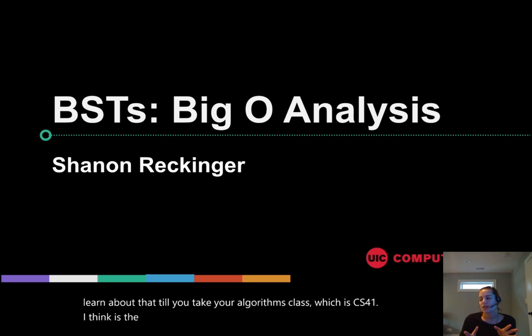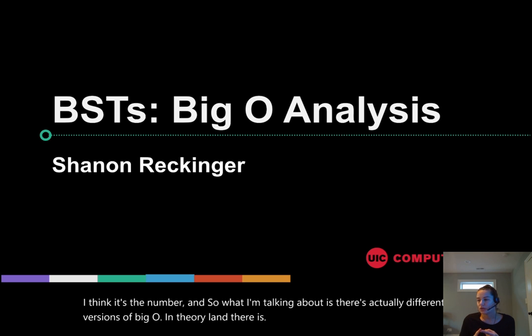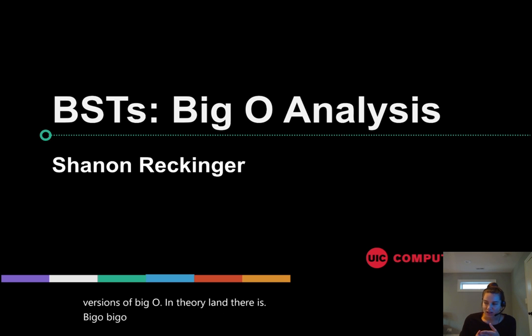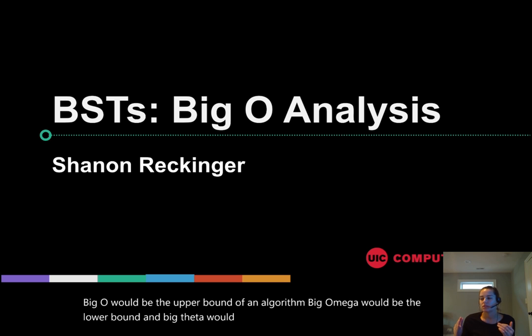What I'm talking about is there are actually different versions of big O in theory land. There is big O, big omega, and big theta. And there's also little o. Big O would be the upper bound of an algorithm. Big omega would be the lower bound, and big theta would be the tight bound of the algorithm.